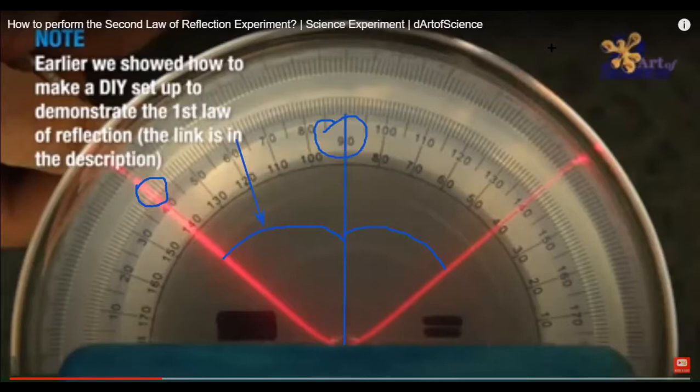It is angle of incidence, so angle of reflection. What is the value here? And are they equal or not equal?